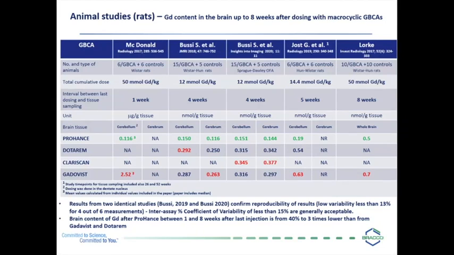It was surprising that about 6 to 8 times higher levels of gadolinium were noted in kidneys after Dotarem and Gadovist than after ProHance at 28 days after the last GBCA exposure.